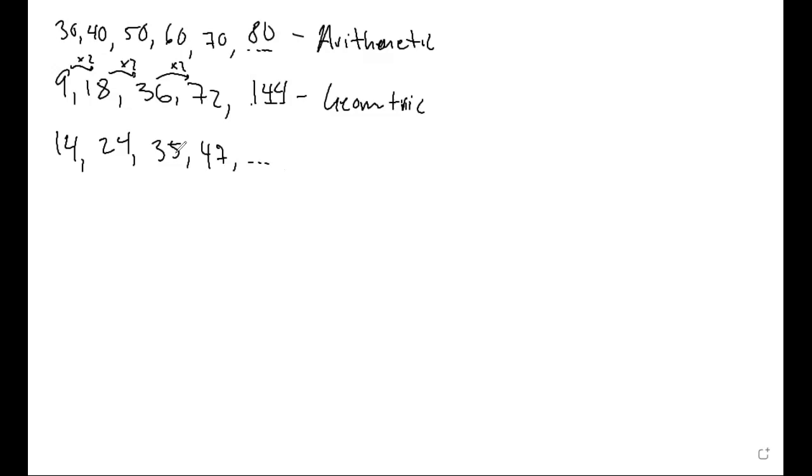It's not 58. 60. The next term here is 60. Why? Well, from here to here, you added 10. From here to here, you added 11. From here to here, you added 12. So next time, you're going to be adding 13. Okay, Daniel? So is this arithmetic, geometric, or neither? Neither. Good job, Daniel.